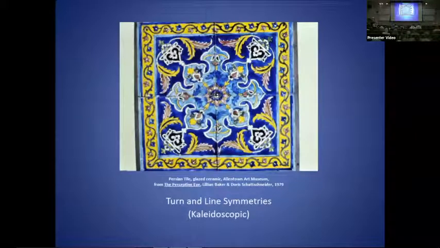A lovely little tile design with fourfold rotational and also lines of symmetry, vertical, horizontal, and at 45 degrees. Sometimes we call a design that has rotational symmetry and then also line symmetry, we call it kaleidoscopic. And for obvious reasons, if you look in a kaleidoscope, you see patterns that have that. The pattern will have rotational symmetry and also lines of symmetry.